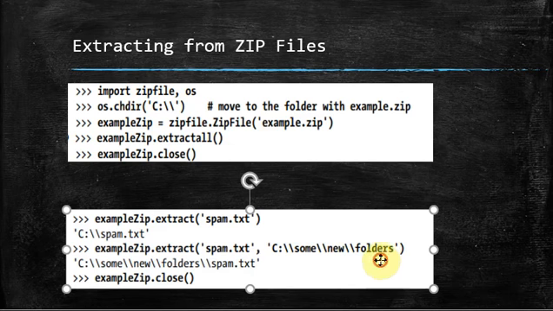The value that extract returns is the absolute path to which the file will be extracted. So that is about extracting zip files.